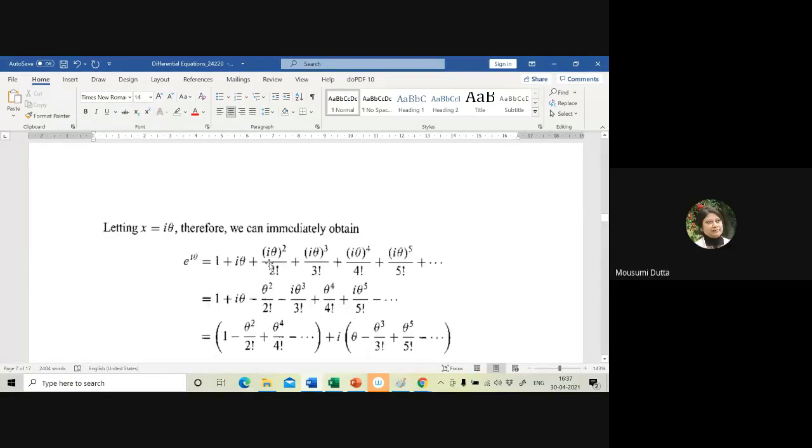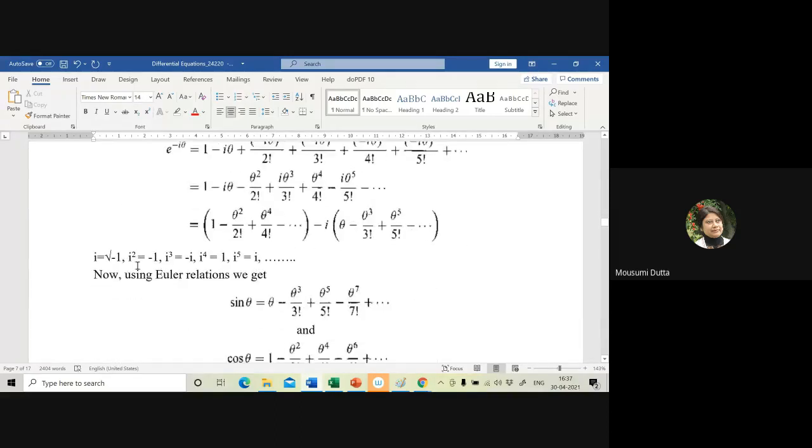I am following the principle of imaginary values. All of you know these things: i squared is equal to -1, i cubed is equal to -i, i to the power 4 is equal to 1.